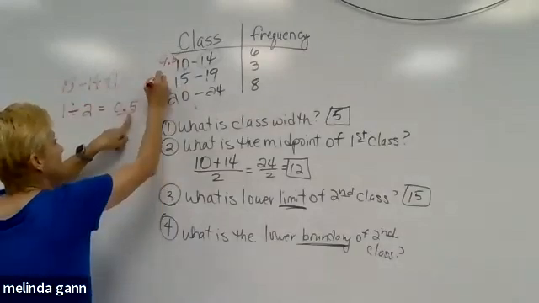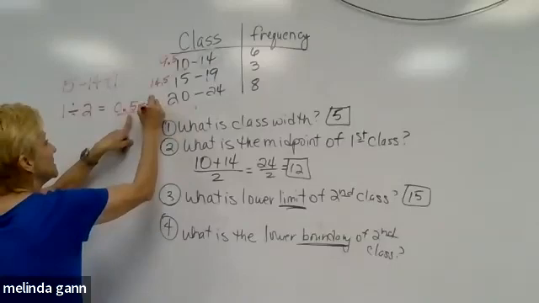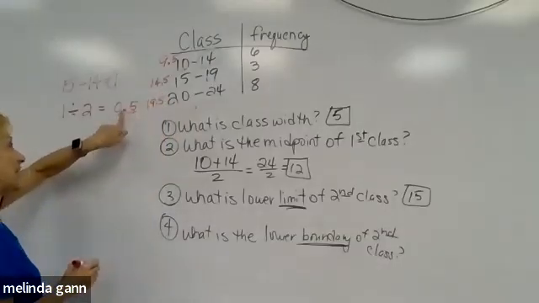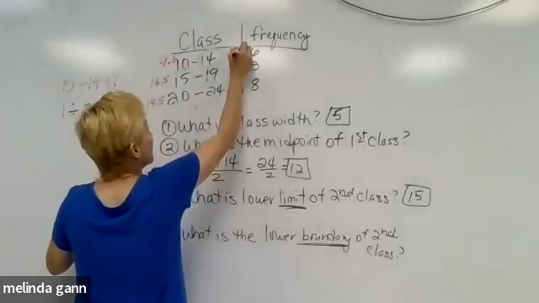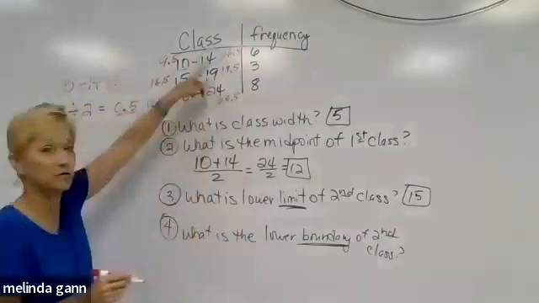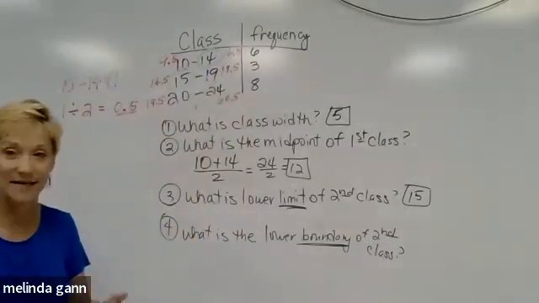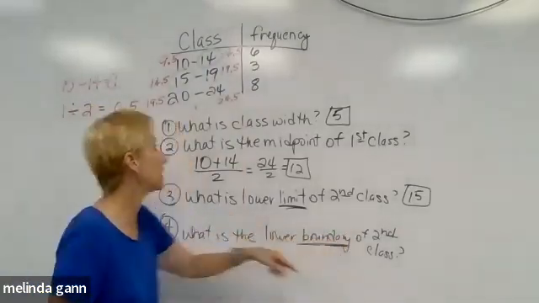15 minus 5/10 is 14.5. 20 minus 5/10 is 19.5. Then you take this number and you add it to the upper limits. So 14.5, 19 and 5/10, 24 and 5/10. So those red numbers are my boundaries. So what's the lower boundary of the second class?